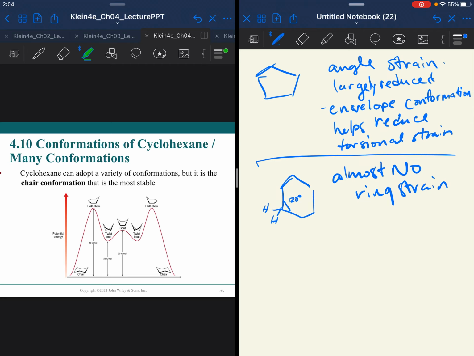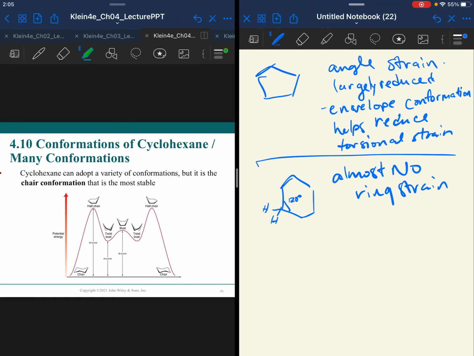However, we know as we add carbons, we can start to fold and pucker or envelope, whatever. We can start to make this not a flat hexagon. So we can completely eliminate angle strain and torsional strain in one of the conformations.